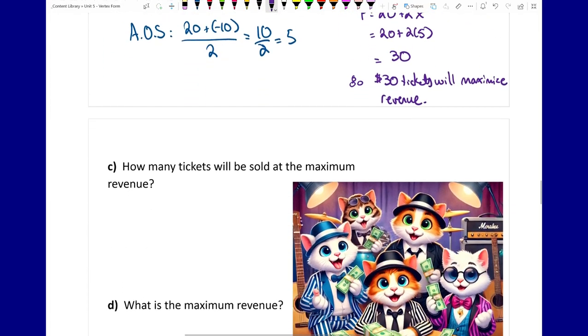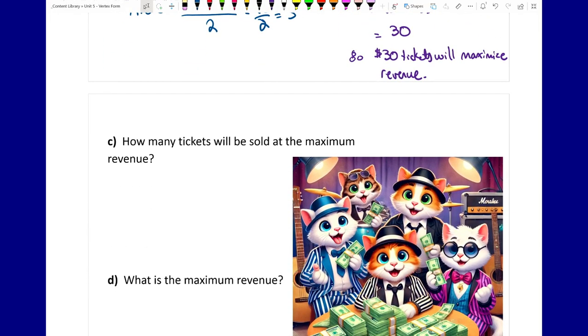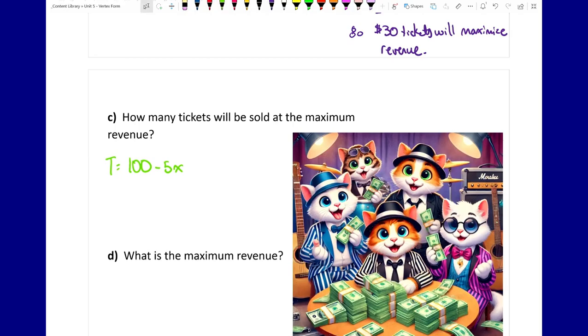C is now asking how many tickets will be sold at the maximum revenue. So if I'm looking for the number of tickets sold, I have an equation for the number of tickets, and that was 100 minus 5 times x. That was the other part of our revenue equation. The number of tickets is going to go down by 5 for every price increase, and in this case, there are 5 increases.